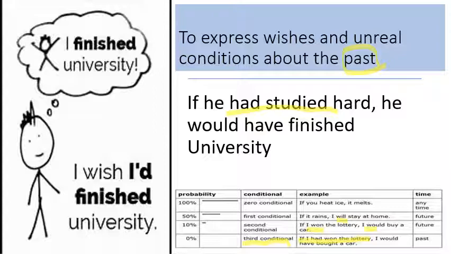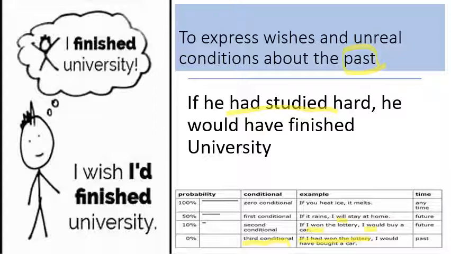Look at the picture that he's happy, saying that I finished university. Okay, but the problem is he didn't finish university. So when he expresses his wish, he would say, I wish I had finished university. So indicating that he's not happy because he didn't finish university, and when he wants to talk about his wish in the past, I wish I had finished university.